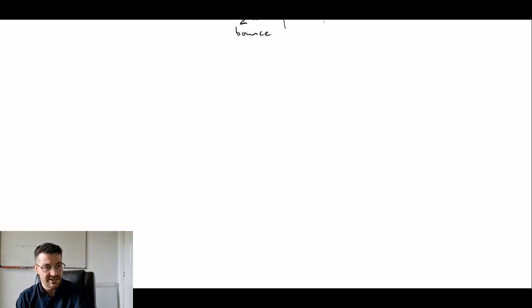Okay, so what we're going to look at is the motion before the first bounce. Forgive my writing. We're going to be looking at the vertical direction, and I don't think we need to look at the horizontal motion.